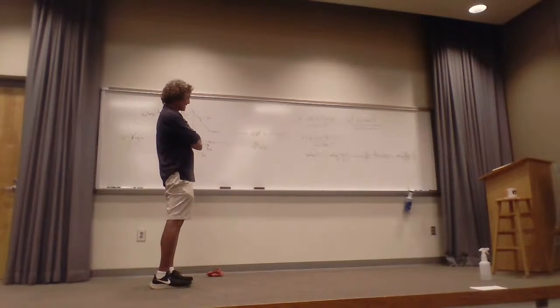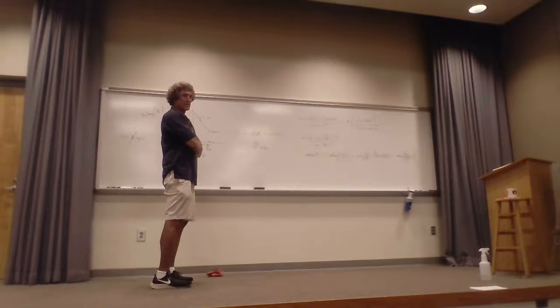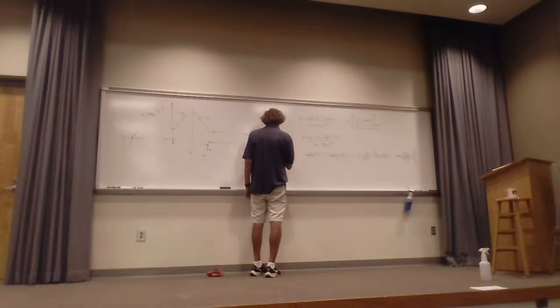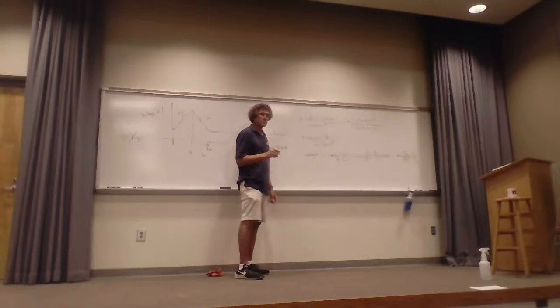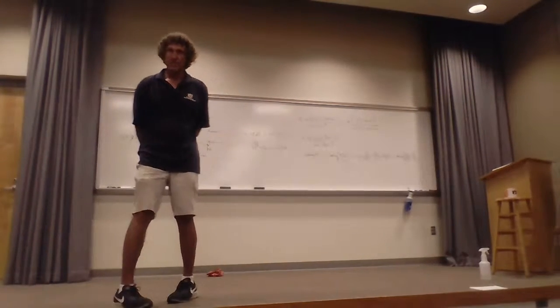For the K I've got down there, and what is that value? 17.78. 10 raised to 25 over 20. 17.78. Yep. Okay.